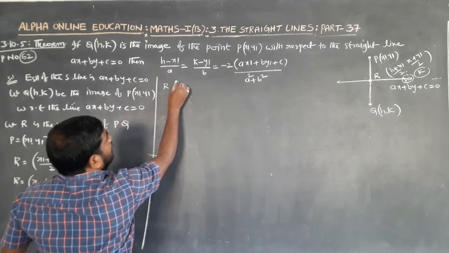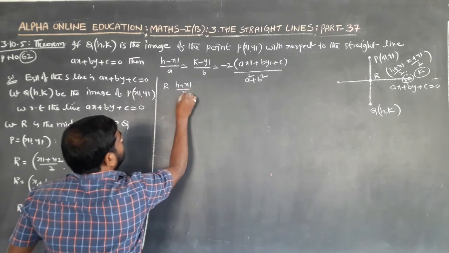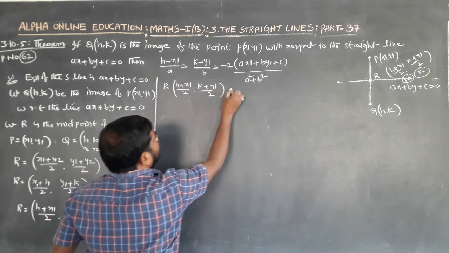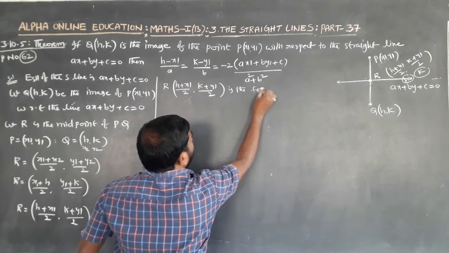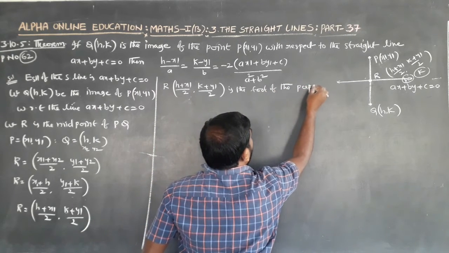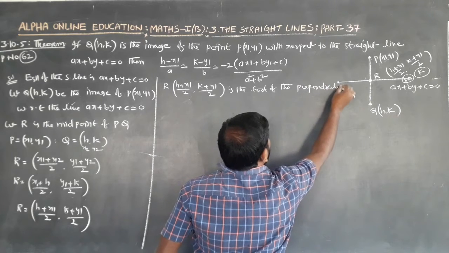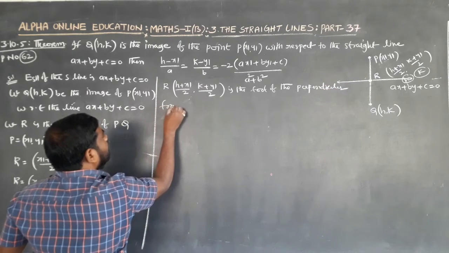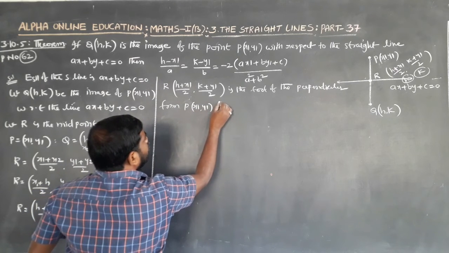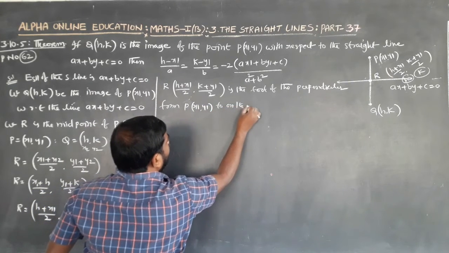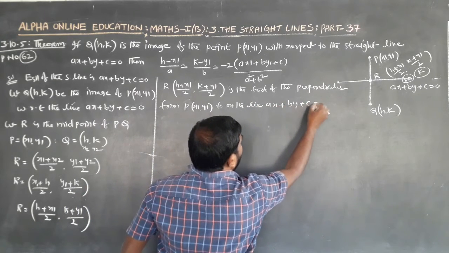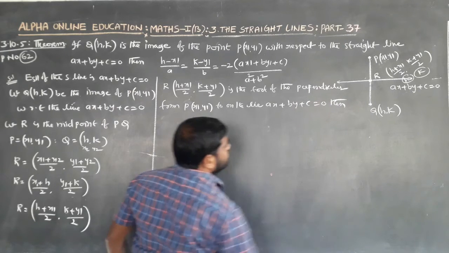R((h + x1)/2, (k + y1)/2) is the foot of the perpendicular from P(x1, y1) on the line ax + by + c = 0.